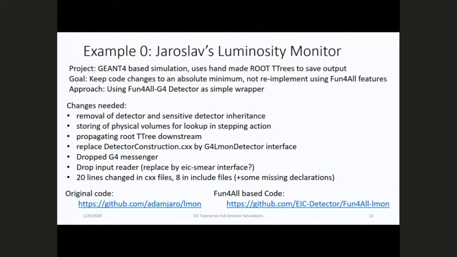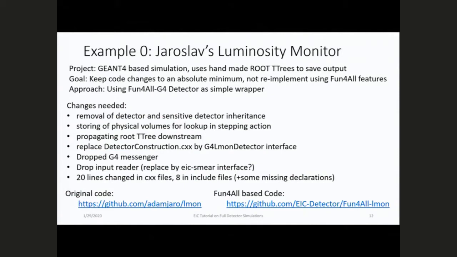That also involved storing the physical volumes so that I can find them in the stepping action. I needed to propagate the TTree downstream, as Jaroslav does this with inheritance and the base class. I removed the base class, so I had to get the TTree downstream.